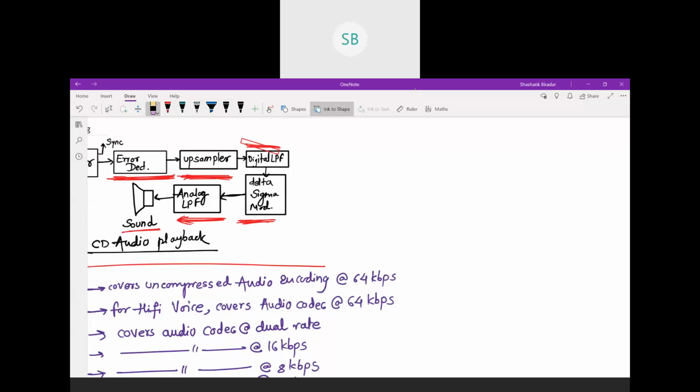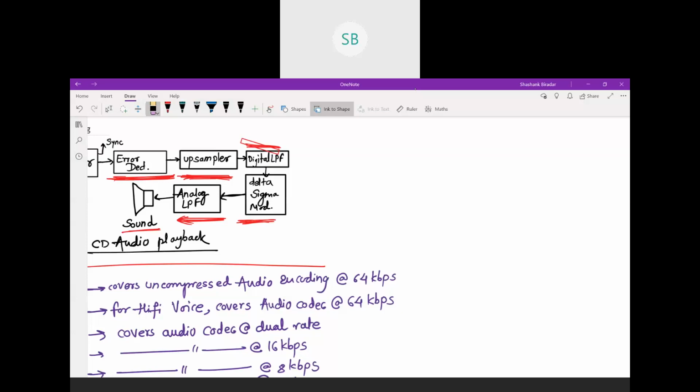The last option is to mute the unreliable data value, because it is producing some clicking or undesirable sound. This is possible because unless the muting exceeds a few milliseconds, it is not noticed by the listener.